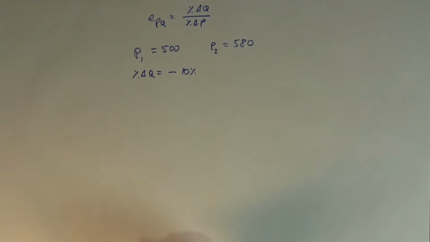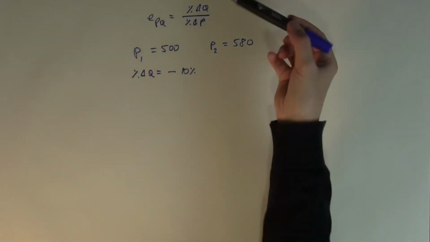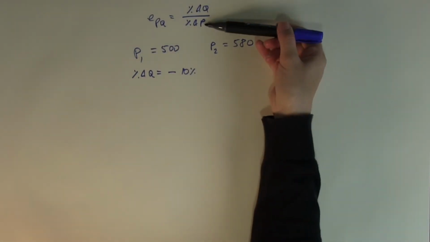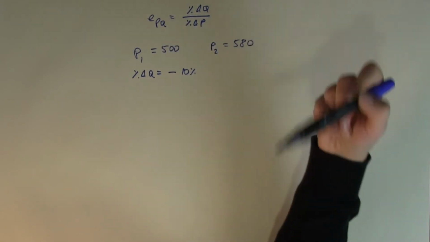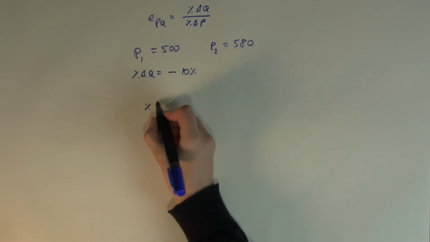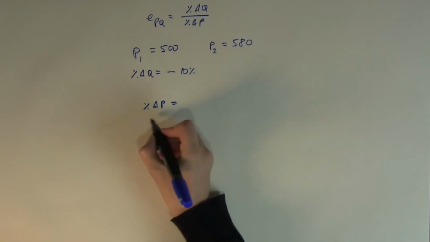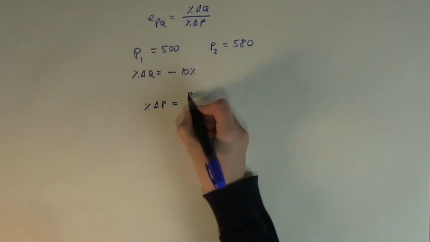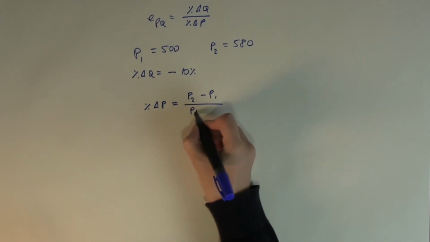The question is the own price elasticity. Now, to calculate the own price elasticity, we need the percentage change in price, but we only have the starting and the finishing price. How can we calculate the percentage change? Remember that a few slides ago I showed you that the percentage change in price can be calculated by final price minus initial price divided by the average price.